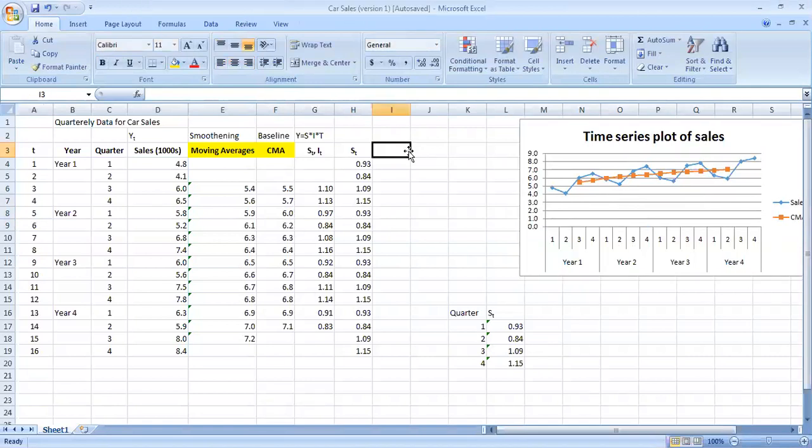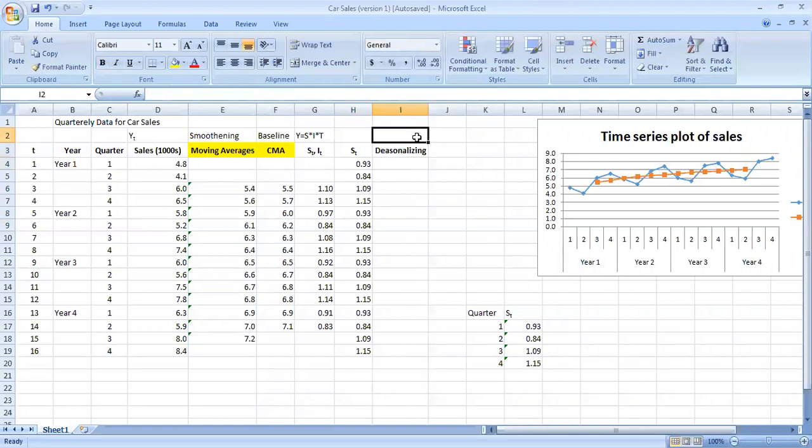The next one is deseasonalizing the data. In deseasonalizing, what you do is that you are going to divide the sales values by the seasonality. By doing so, you can come up with the deseasonalized column.